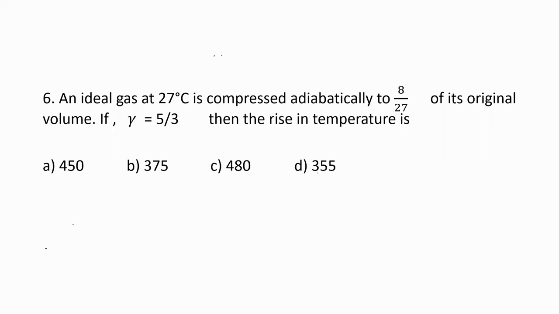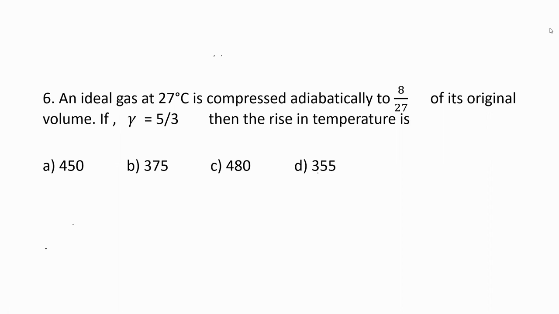Next question. An ideal gas at 27 degrees Celsius is compressed adiabatically to 8 by 27 of its original volume. If gamma is equal to 5 by 3, then the rise in temperature is, here we need to calculate the rise in temperature. The process is adiabatic process.